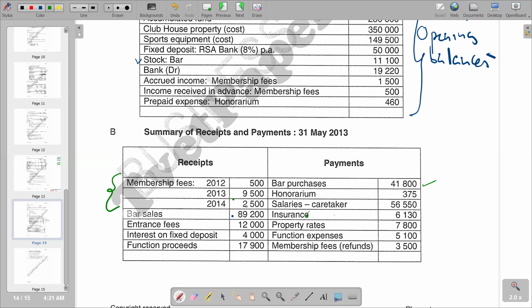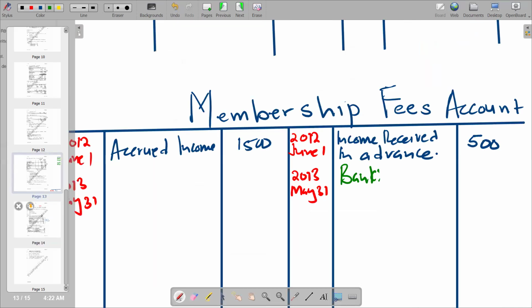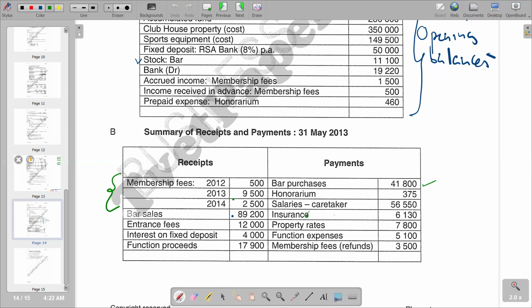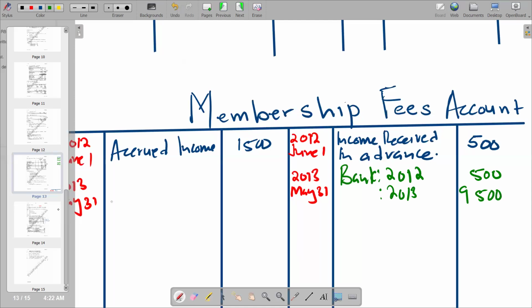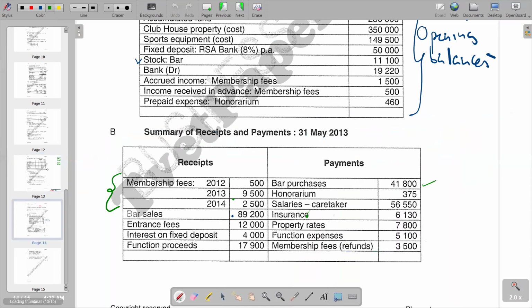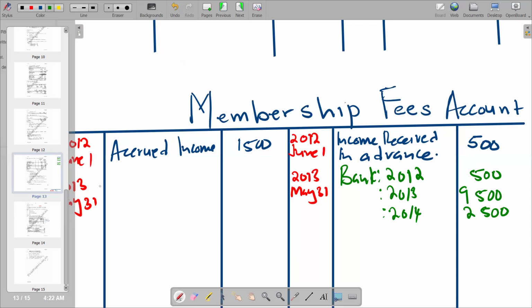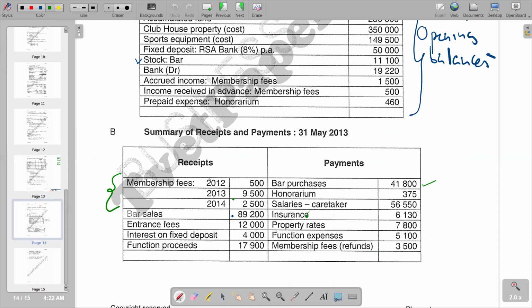So we should credit 2,500. So as we say bank, remember we put it for 500, and then we have 9,500. So we have only the fees account.